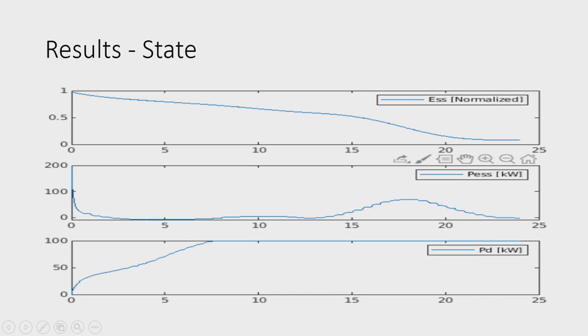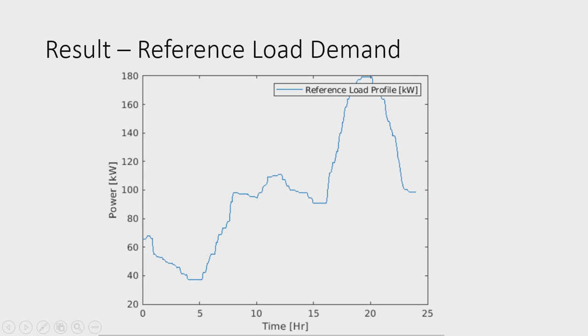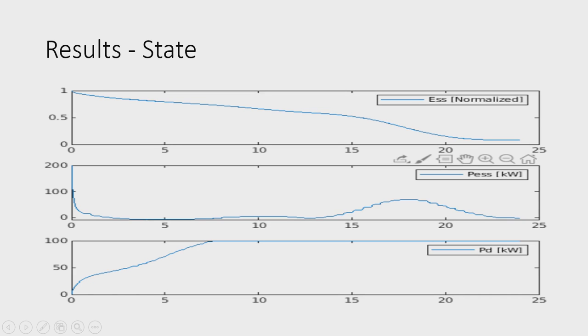And then here we see the power output of the storage system as well, which will try to follow the slope, the biggest change of the load demand, which is clearly shown here as expected behavior. The PD, the power output from diesel power, is not going to kick on until the load is up to a certain demand point.